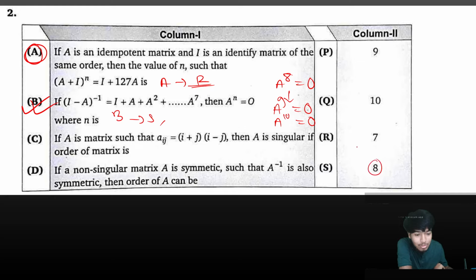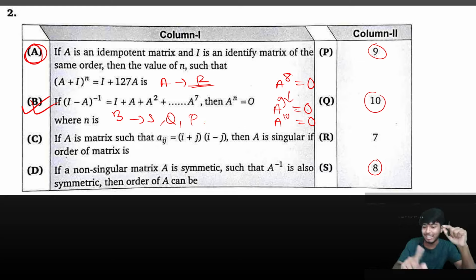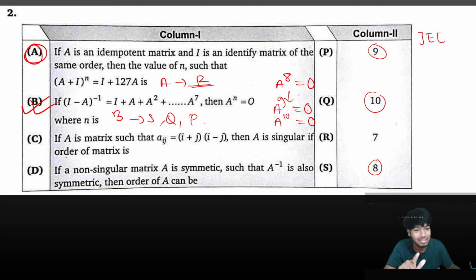So this one goes to S, Q, T. So if anyone sent B only to S, then their answer is wrong, because you have to check the other options too. Because this question is from JEE Advanced, from the Black Book. So every option you need to check.